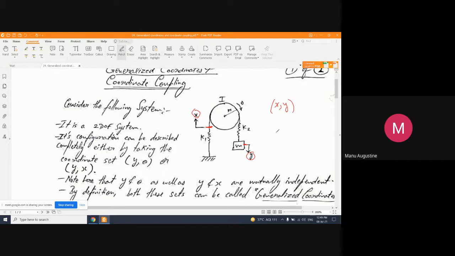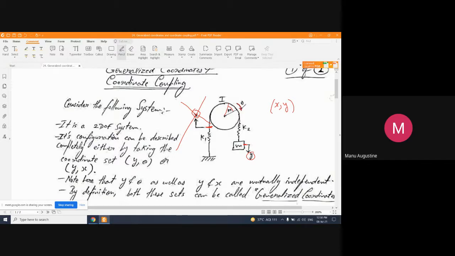Now we go to some other student or some other engineer, and we show him the same picture, and ask him to come up with two variables which can completely specify the configuration. Now that person, let us say, is totally comfortable with rotary variables. So he doesn't even think about the presence of x. He simply says, oh yes, I see a disk, and obviously, since it's a disk, it's going to rotate. And let us say you have already given the direction of rotation as clockwise.